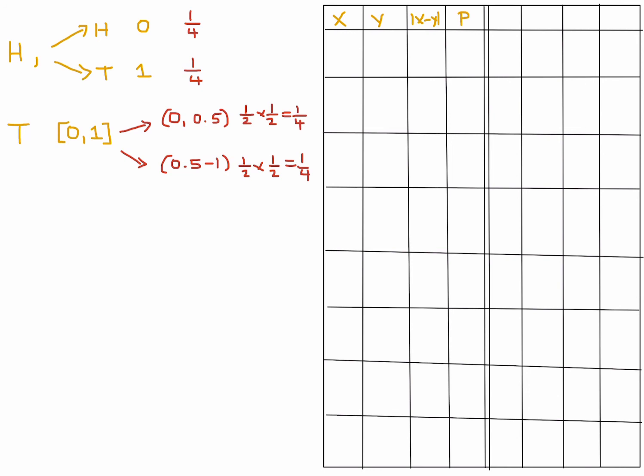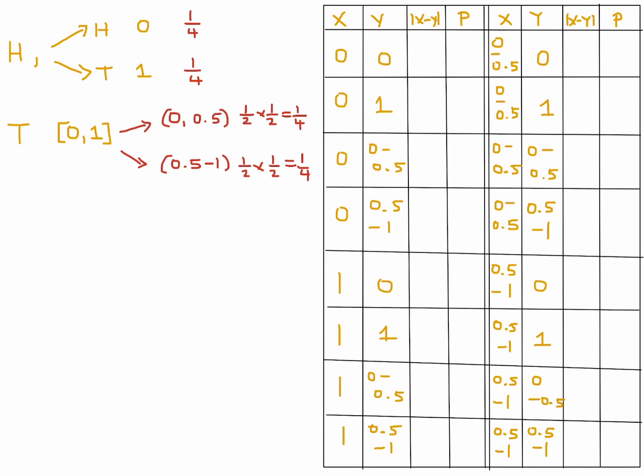So we can fill this out: 0, 0, 0, 0. We can have either 1, 1, 1, 1, or we can have these ranges 0 to 0.5, or we can have 0.5 to 1, like that. So let's fill all of these out.